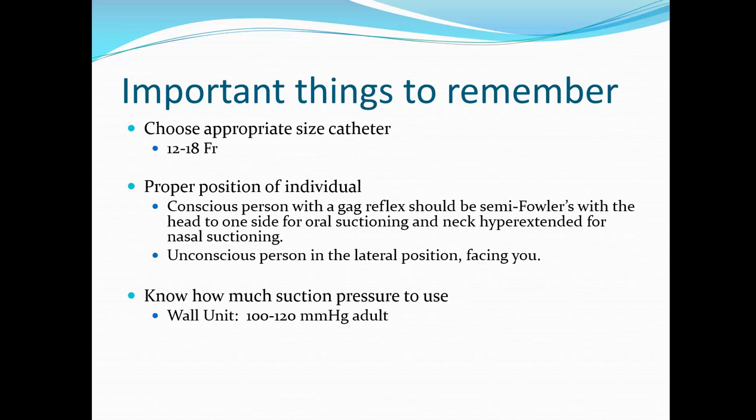Of course we will have to be hooked up to a wall unit. When we are doing suctioning, make sure that the pressure is turned up to 100 to 120 millimeters of mercury for adults. Make sure that you know that. When we are suctioning, we are only going to suction on the way up, and we're not going to suction longer than 10 to 15 seconds at a time to prevent hypoxia.